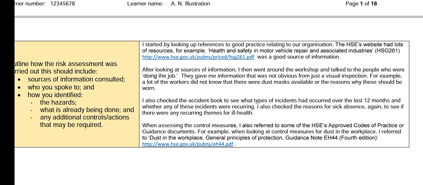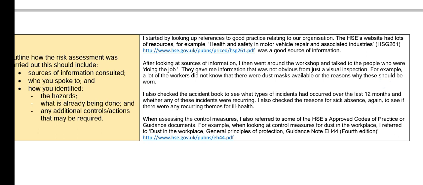For example, a lot of the workers didn't know that there were dust masks available, or the reasons why these should be worn. So I found out the information from the workers. I talked to them, and they told me some information that is not obviously available there.